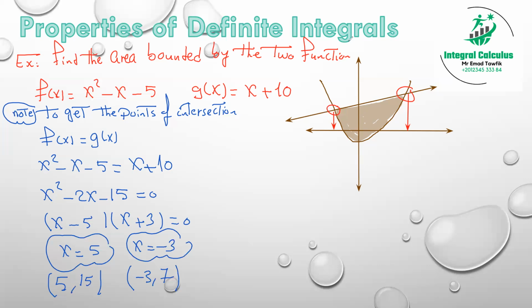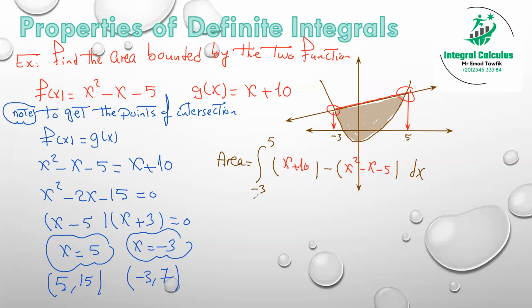To get the area of that region, it is the integration from x equals negative 3 to x equals 5 of the difference between them. What do I start with? You start with the upper function minus the lower one. So start with x plus 10, the linear one, and the bottom one, x squared minus x minus 5.